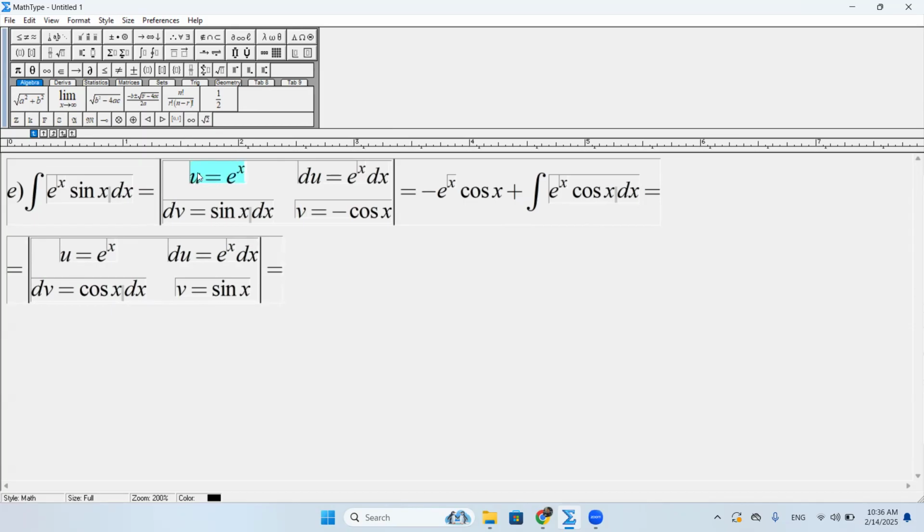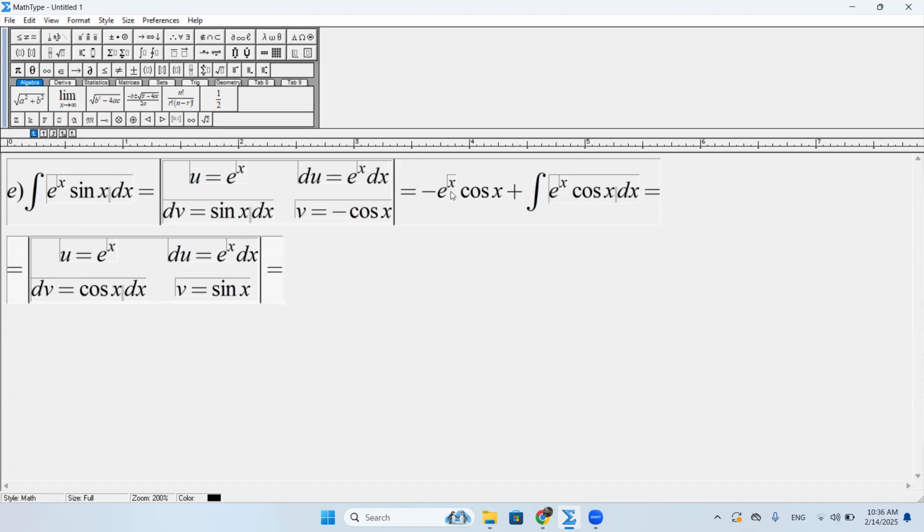If u is the exponent the first time, it must be the same the second time. If u is a trigonometric function the first time, the second must be trigonometric as well. Otherwise you will have no success in calculating the integral.